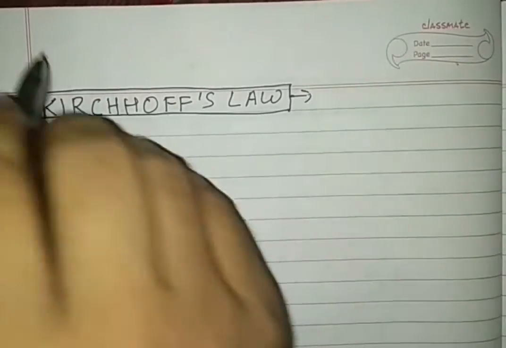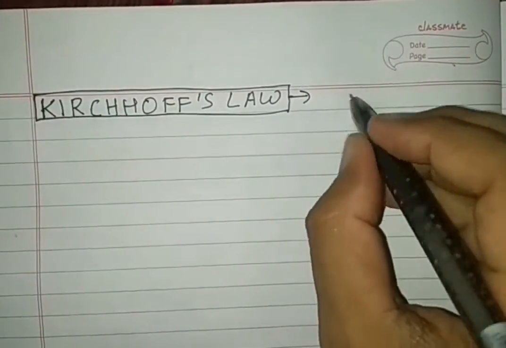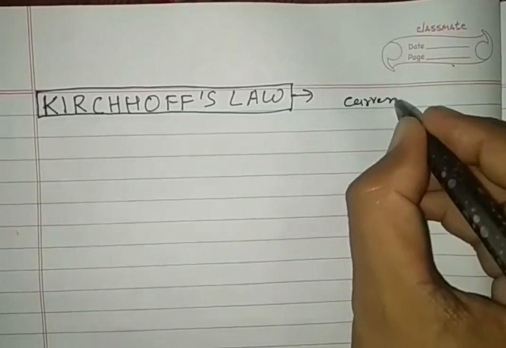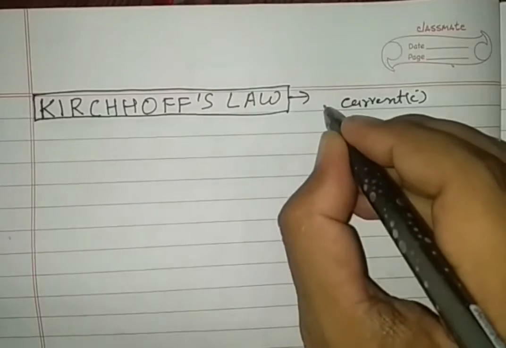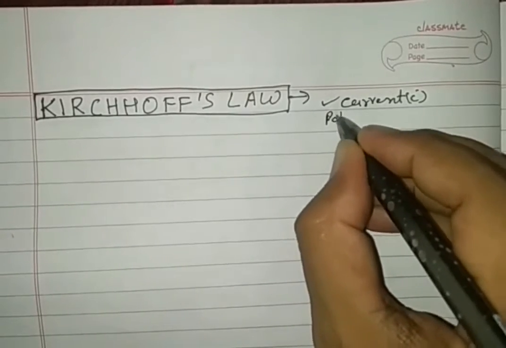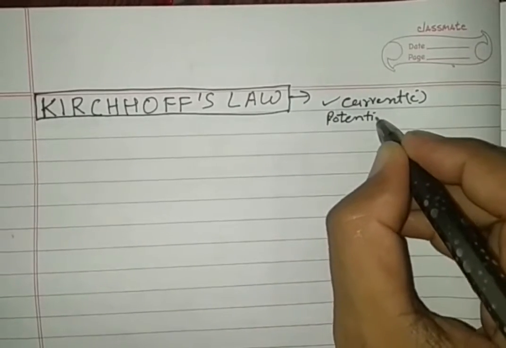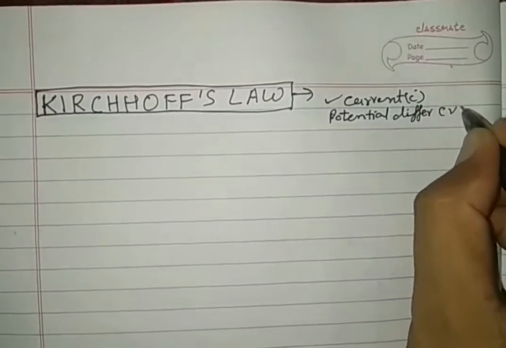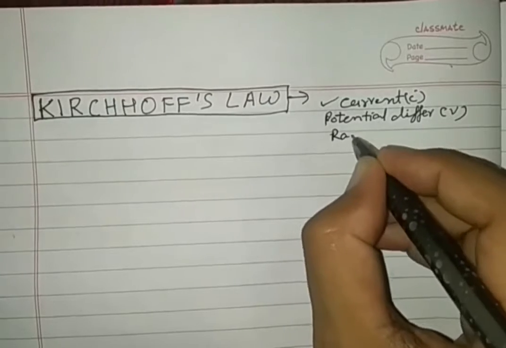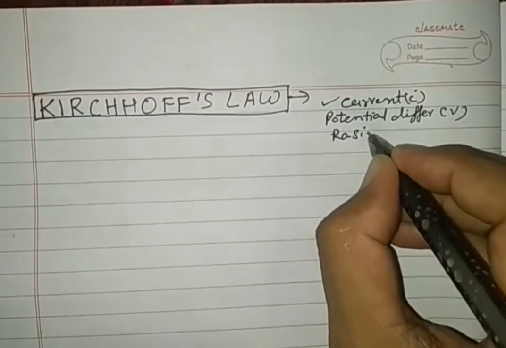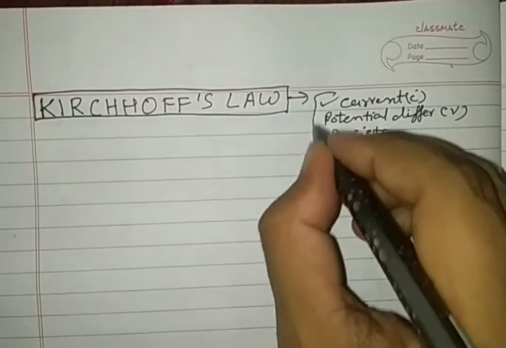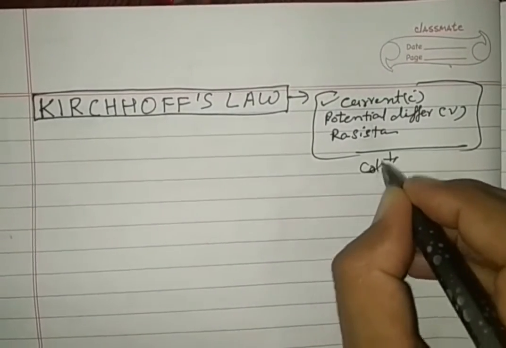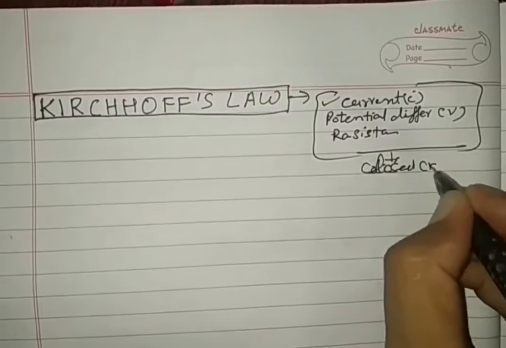Kirchhoff's law is used to obtain the value of current I, potential difference, and resistance in any closed circuit.